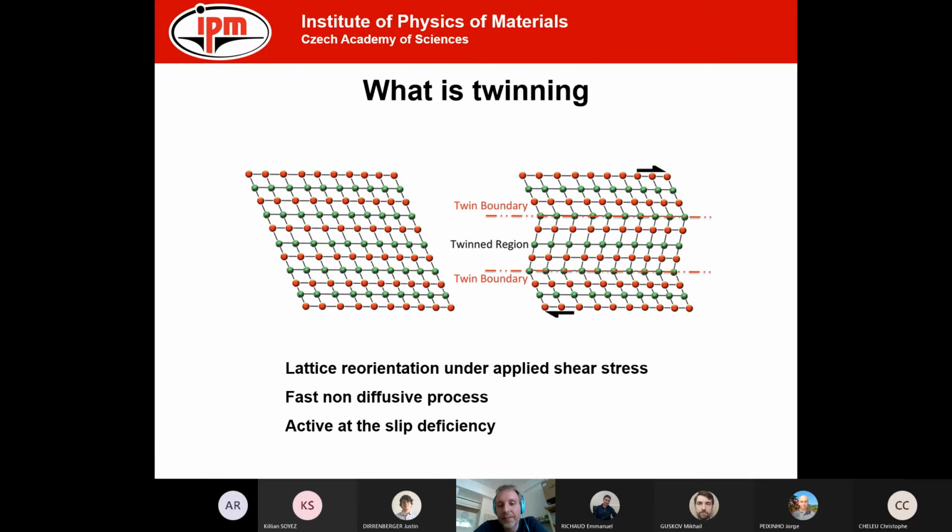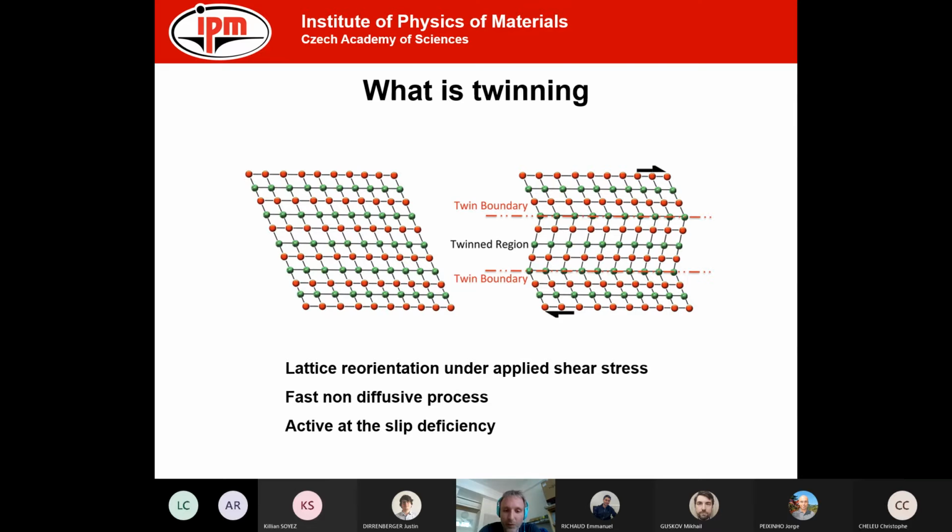So what is twinning actually? Well, it's a transformation of lattice, basically the reorientation of the crystal lattice under the applied shear stress. As you can see in this simple image, it's called twinning because there is a mirror symmetry along the twin boundary.